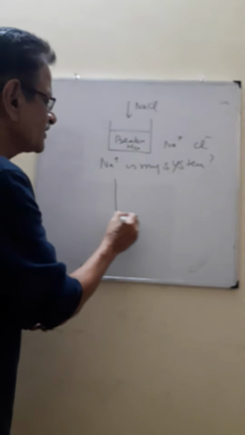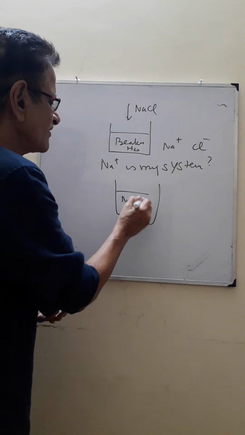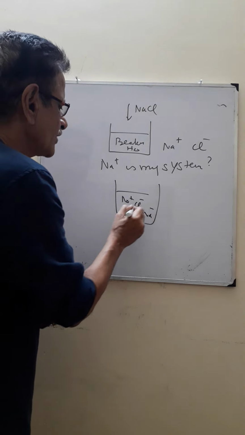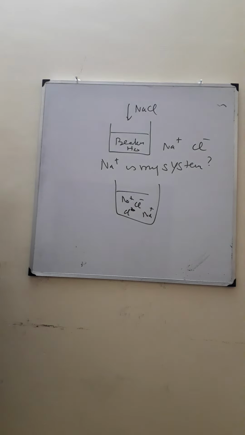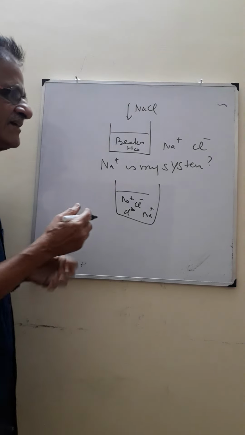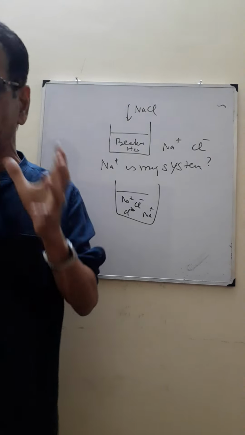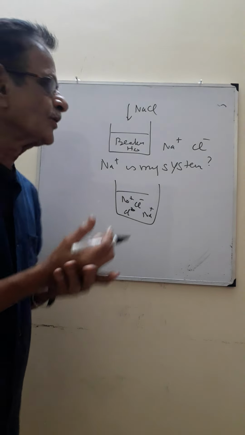If you take this beaker of water, you have sodium ions and chloride ions randomly distributed. The answer is that sodium ions cannot be defined as a system because they are random; you can't give a boundary. If you want to define a system, you have to define its boundary.